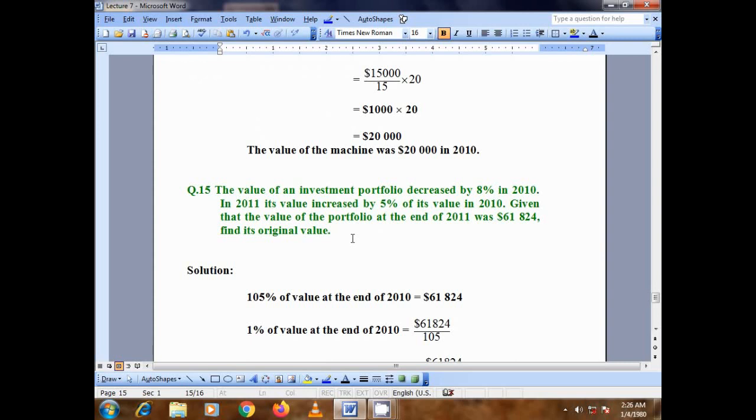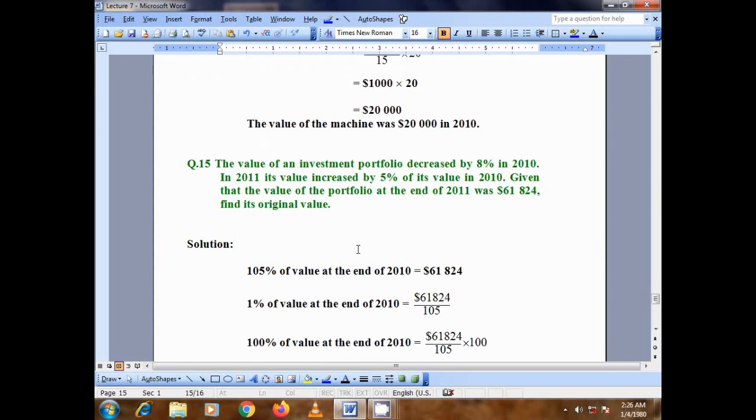Now once again we have given increase and decreased values, so we will add and subtract the given percentages from 100. So first of all, 105% of value at the end of 2010. Why? Because we know that in 2011 the value of the investment portfolio increases by 5% of its value in 2010.